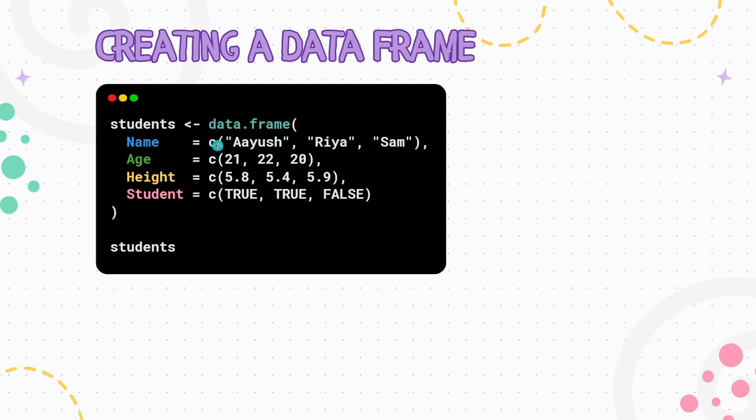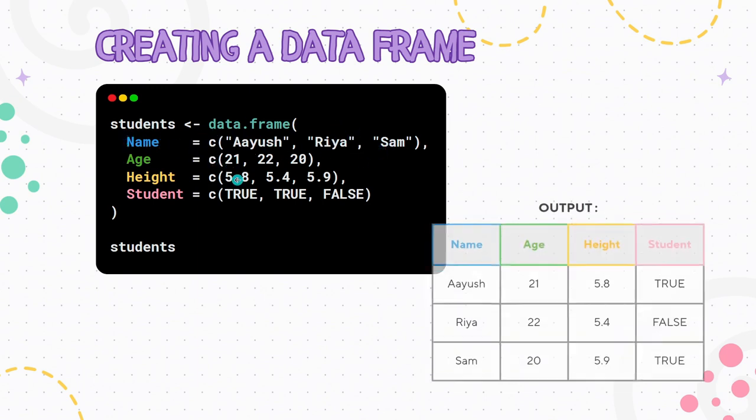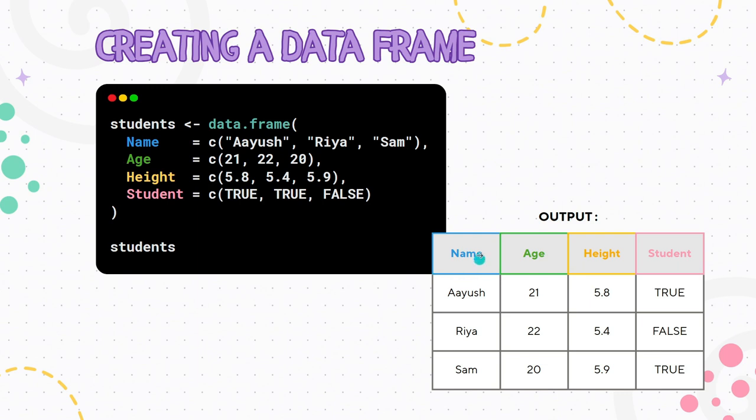So c, which is the combine function used to create vectors, stores Ayush, Riya, and Sam, and it is inside the name column. So our data frame will look somewhat like this. The name will contain names, the age will contain 21, 22, and 20, and remember all of these are in order. So Ayush will have an age of 21, a height of 5.8, and a student value of true. So these are all in order, and so are the columns.